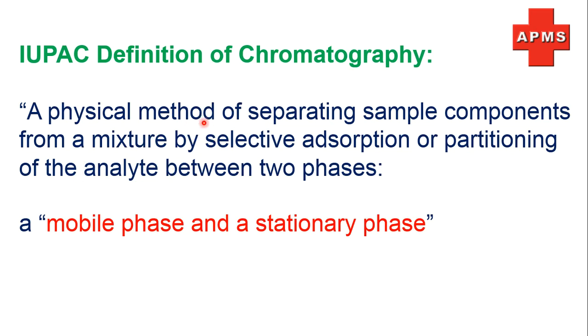So this definition is given for analytical chemistry, where we determine or analyze the unknown components present in a mixture, or their concentration or amount in that mixture. These are the two terms which will be highly used in this unit: mobile phase and stationary phase.